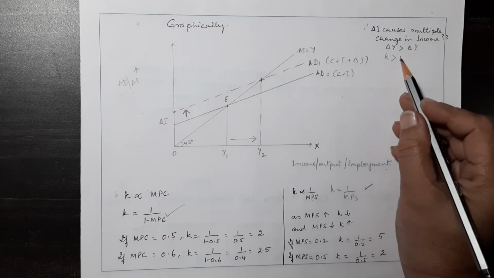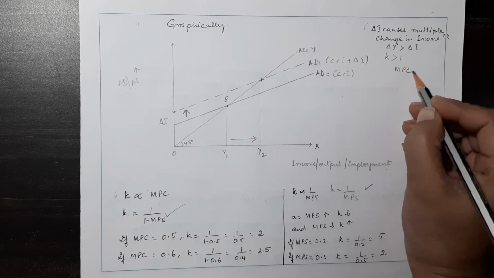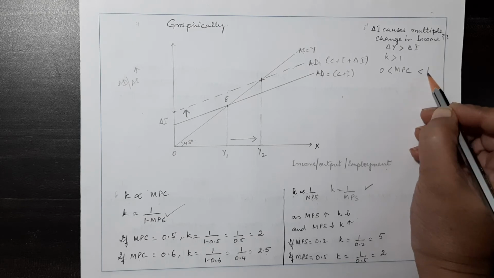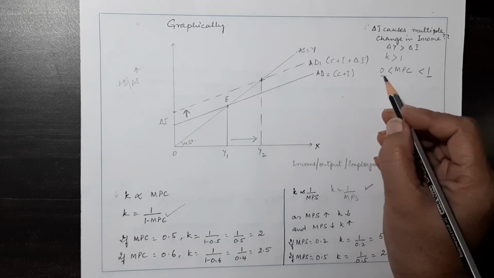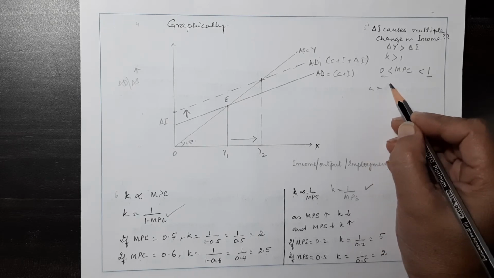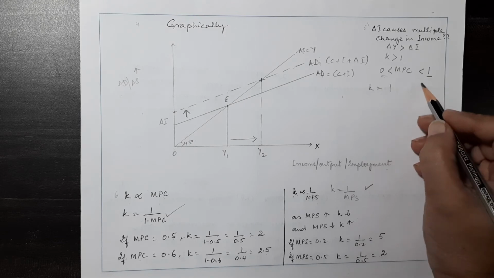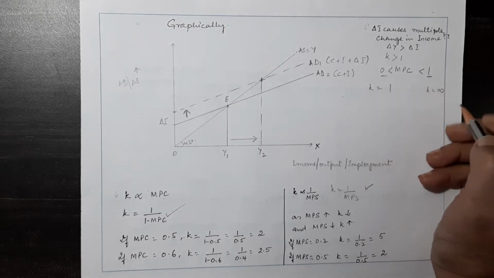So K is greater than 1. Now we know that MPC lies between 0 and 1, so these are the extreme values. Putting MPC equal to 0, we find K is equal to 1. And for MPC equal to 1, K's value is infinity. How?